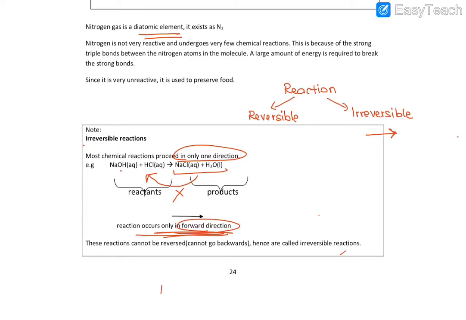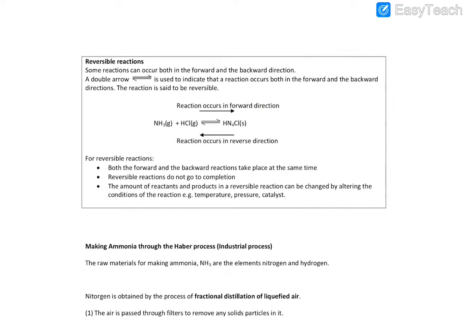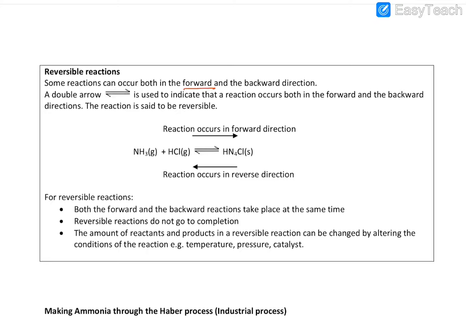But we have another kind of reaction, which is called a reversible reaction. We're going to see arrows like this. Please don't draw arrows like this. Nope. It has to be a half arrow on top and a half arrow at the bottom. Reversible reactions can take place in both forward and backward directions.